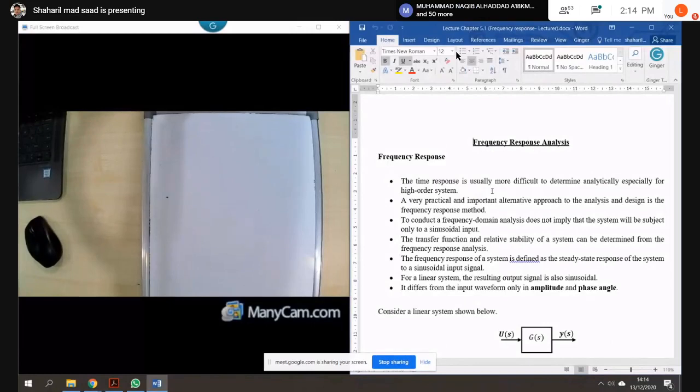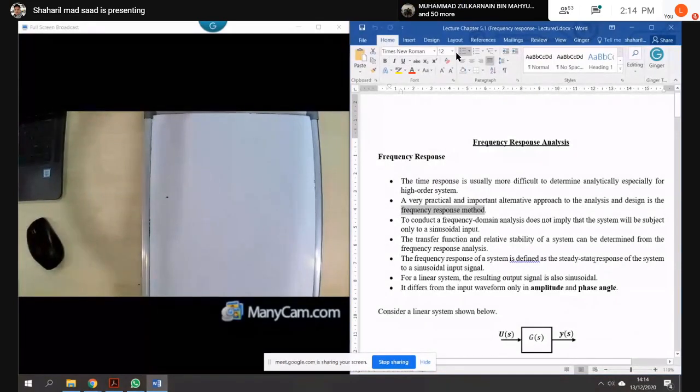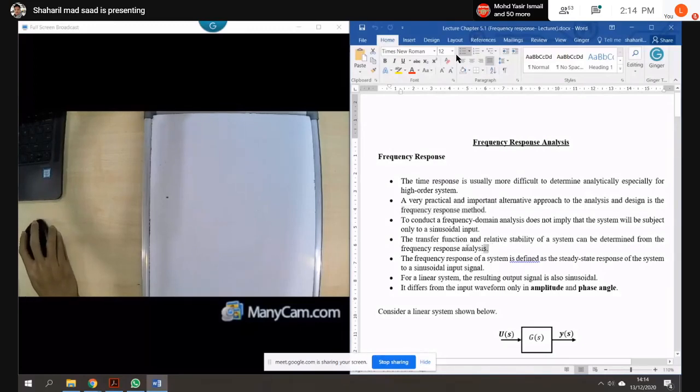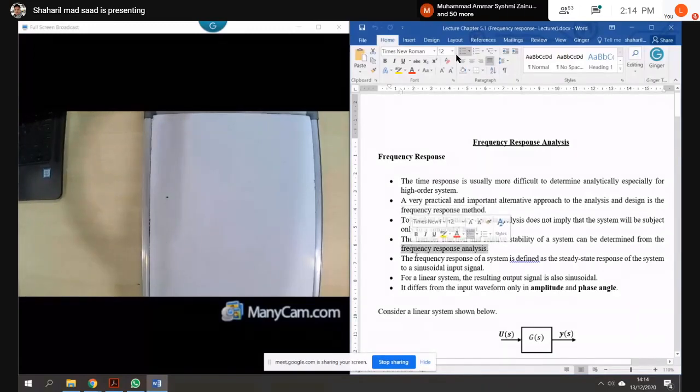So that's why we use the frequency response method. From the transfer function, the relative stability of the system can be determined from the frequency response analysis. We can also see the steady state error and so on.